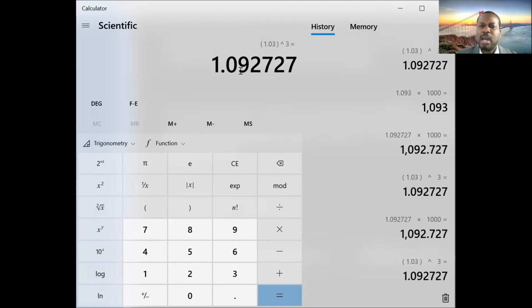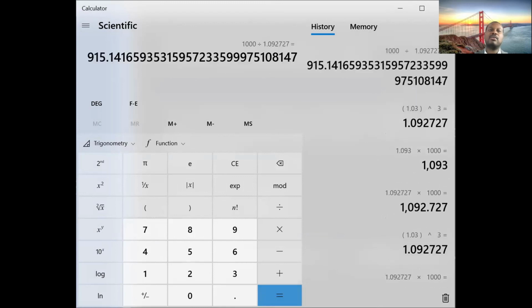Let's just say we can make it 1.093. So let's do that. So 1,000 divided by 1.0922727, and that gives us 915.14. So 915.14 is basically what we're after.